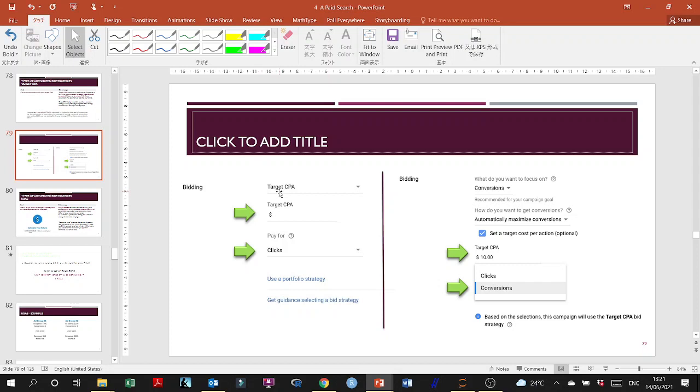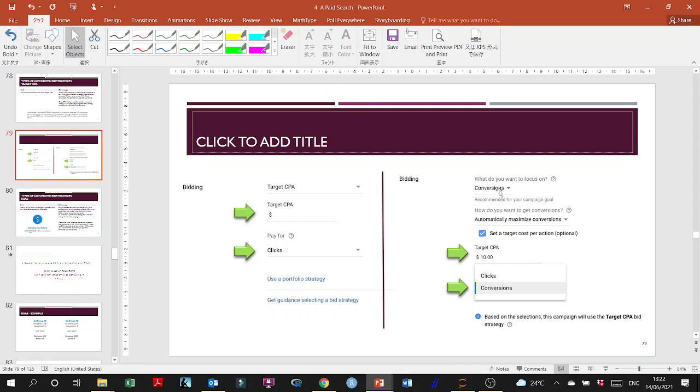So this is the target CPA. You need to give a target CPA here, and this is what I was just telling you about. Are you going to pay per click, or are you going to pay per conversion? Here, for the target CPA, you can take a bidding strategy, or you can say, I would like to focus on conversions.